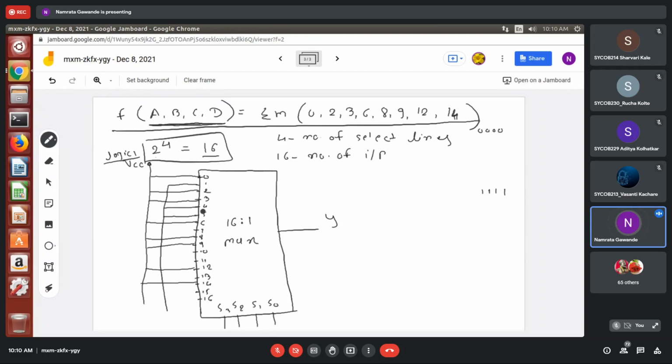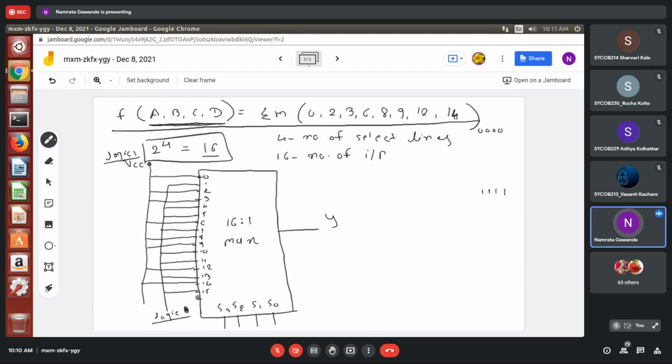That is 1, 4, 5, 7, 10, 11, 13 is also not there, then 15. 16 is not required because we are considering from 0. So all of these will be connected to logic 0. Logic 0 means ground.